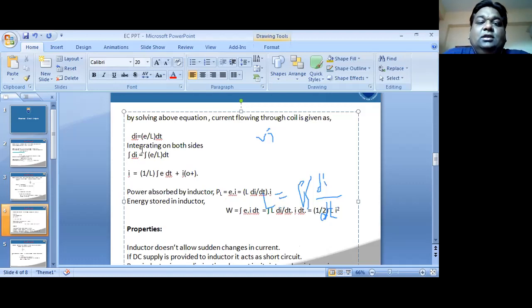Integral di is nothing but I, and when we substitute the limits, it is I of t minus I of 0, and the right-hand side I kept as it is, integral E by L dt.